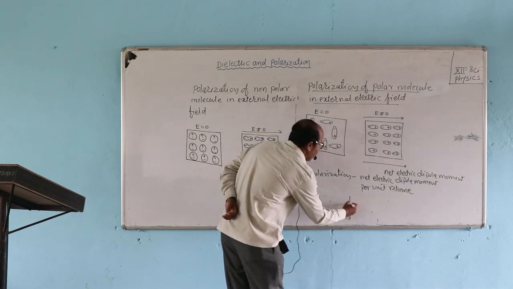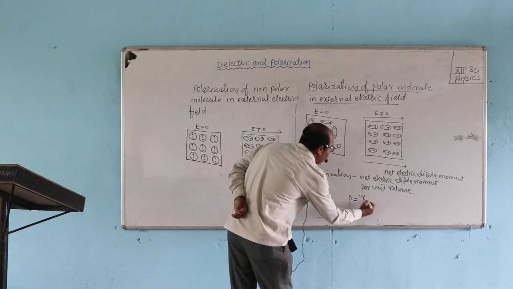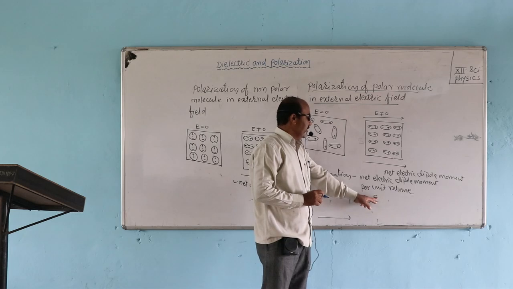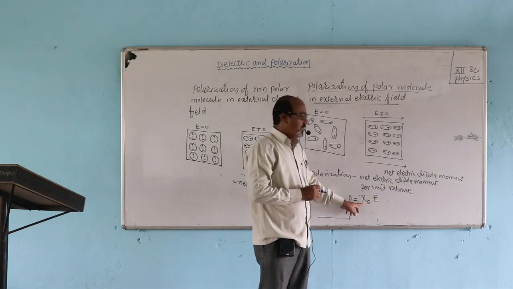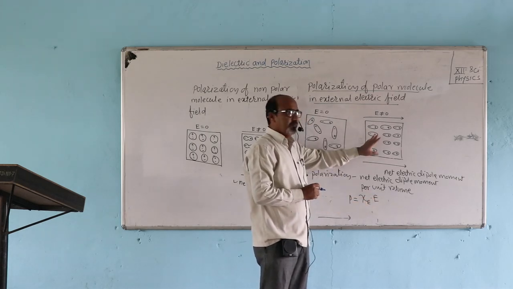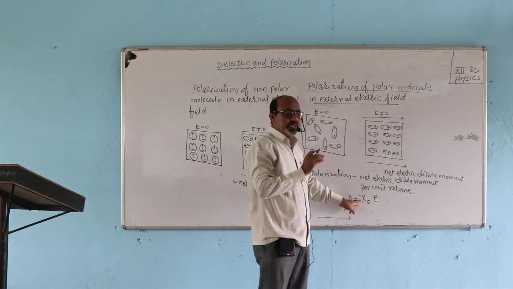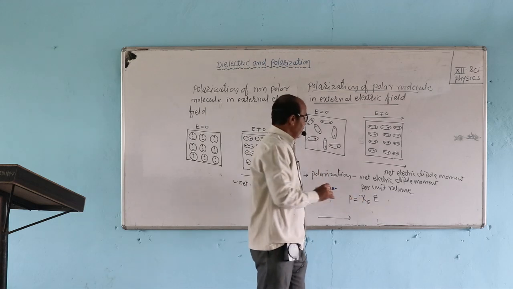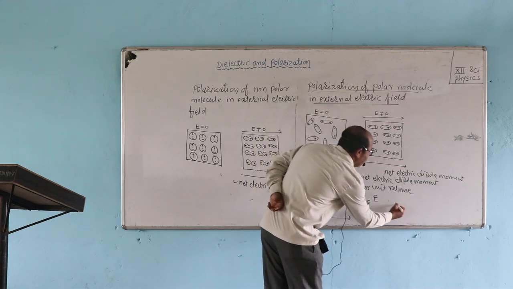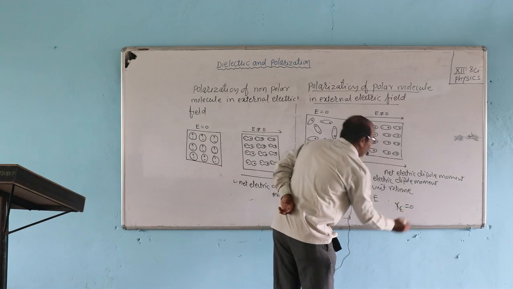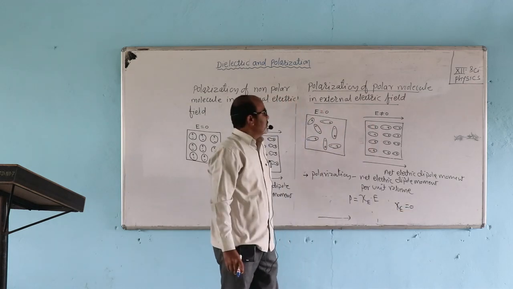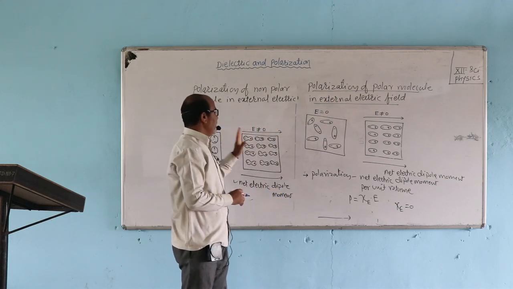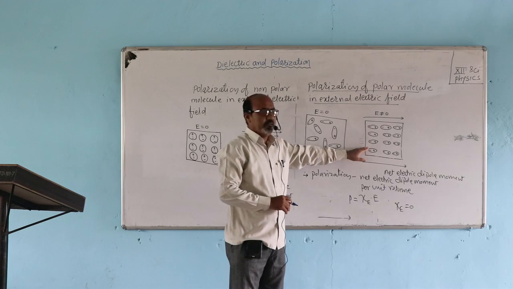We can write the formula polarization P equal to Psi times E, where E is the external electric field and Psi is the electrical susceptibility of the given material. It gives the behavior of the material in the electric field, hence it has different values for different materials. Psi is equal to 0 for vacuum. So this is about polar and non-polar molecules when kept in an external electric field. Thank you.